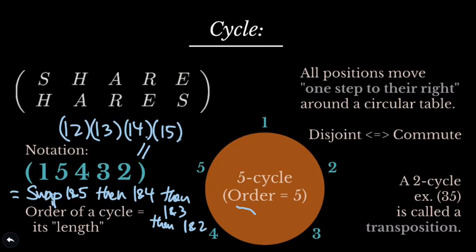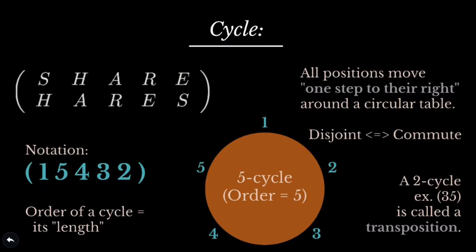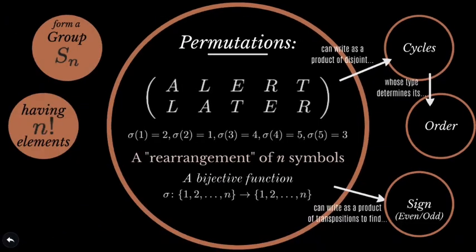And that is what leads us to our last point about permutations, that every permutation can not only be written as a product of disjoint cycles, it can also be written as a product of just transpositions, just 2-cycles, using that same sort of process, that same idea that we just used. And it turns out that that product is not necessarily unique.